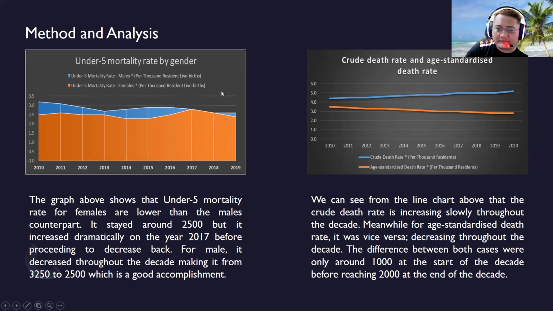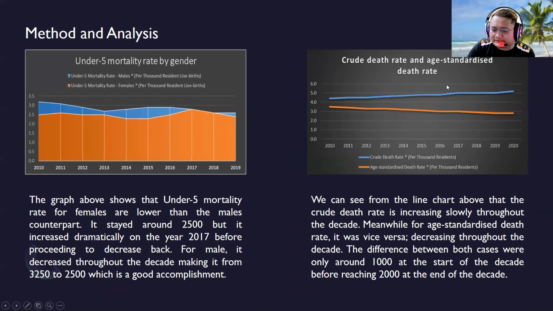And the next graph is the crude death rate and age standardized death rate. The blue line is the crude death rate, and the orange line is the age standardized death rate. We can see from the line chart that the crude death rate is increasing slowly.